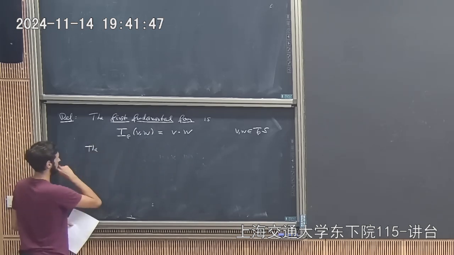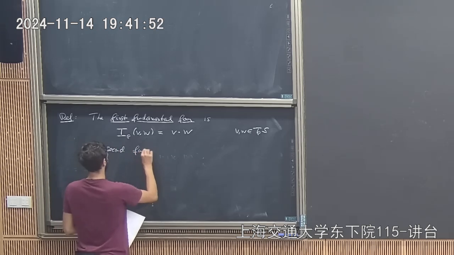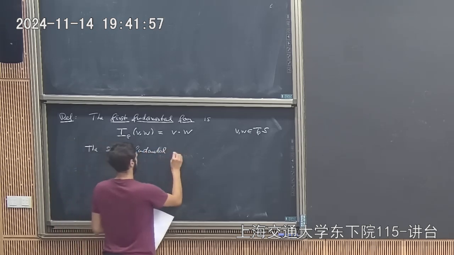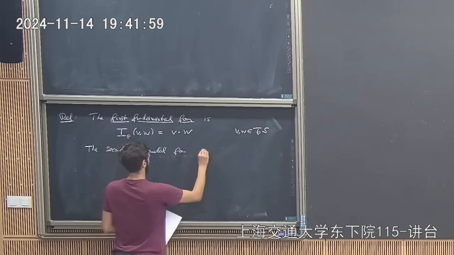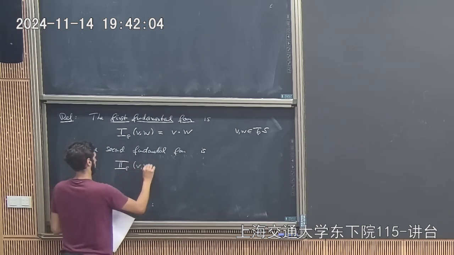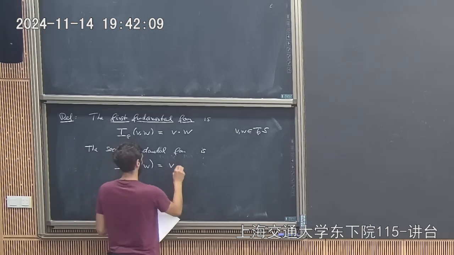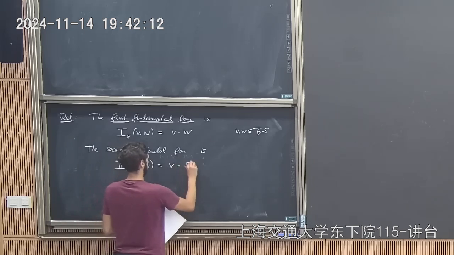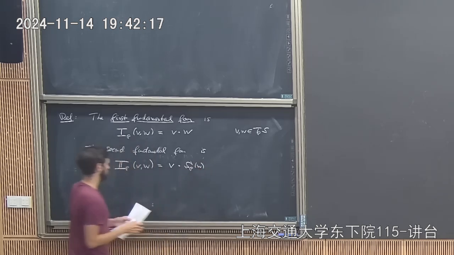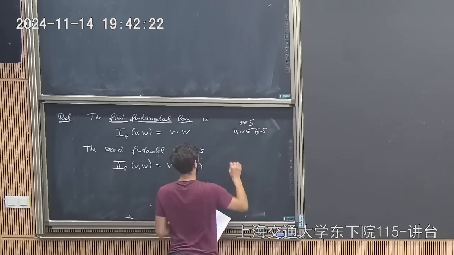And the second fundamental form is a similar form, where we take the inner product of the shape operator applied to the vector W, for the same data.